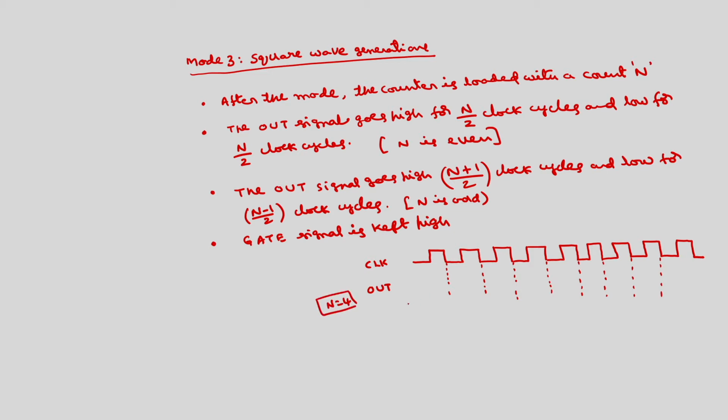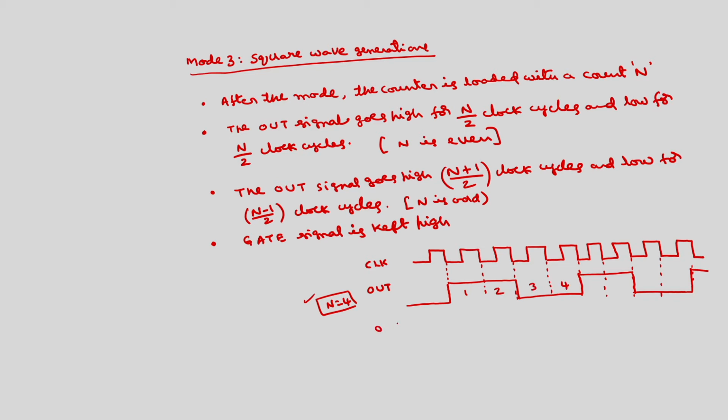Then this will be on for 2 clock signals, 1 and 2, then off for 2 clock signals, and the same thing repeats. This is the out signal if I load n with 4. This is 1, 2, 3, 4, or 0, 1, 2, 3.